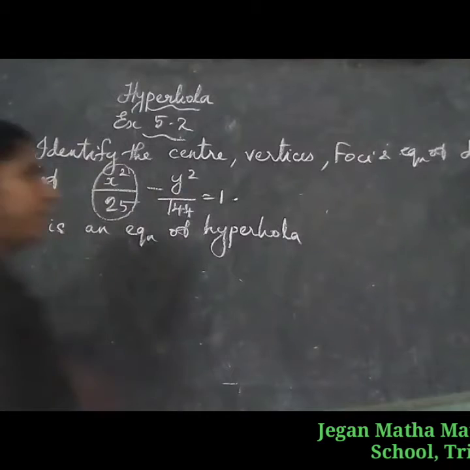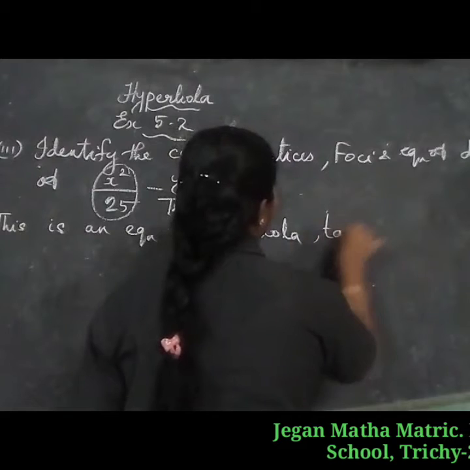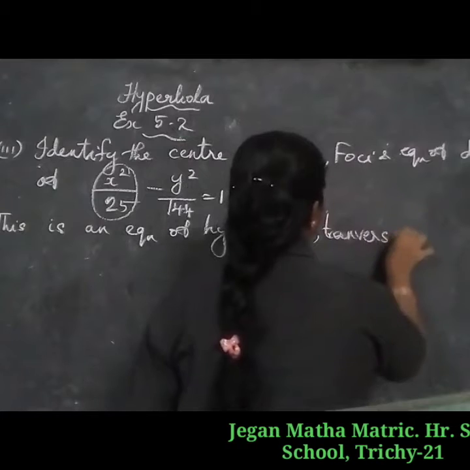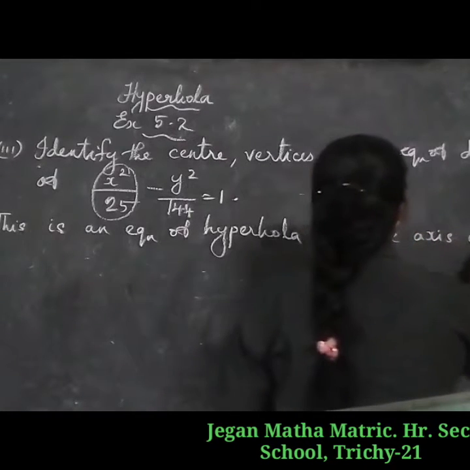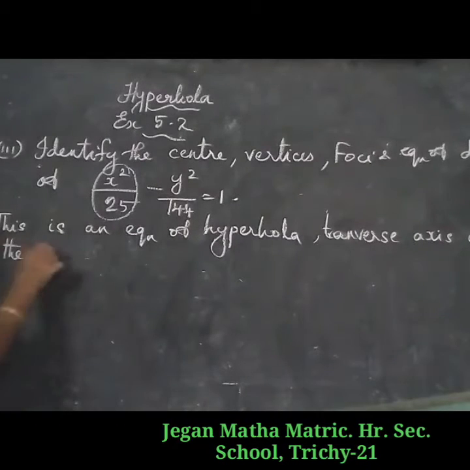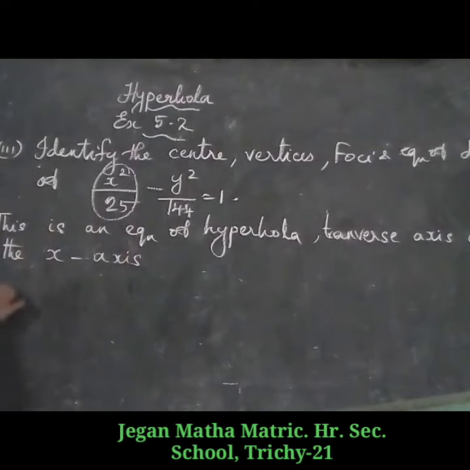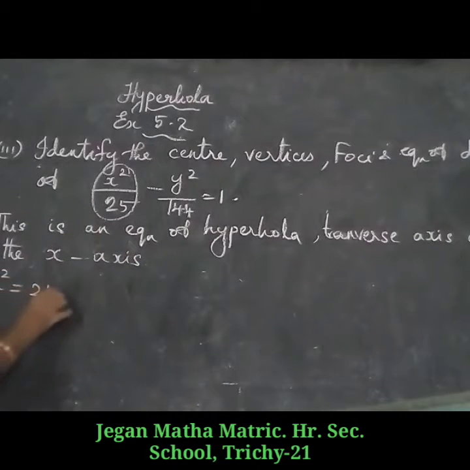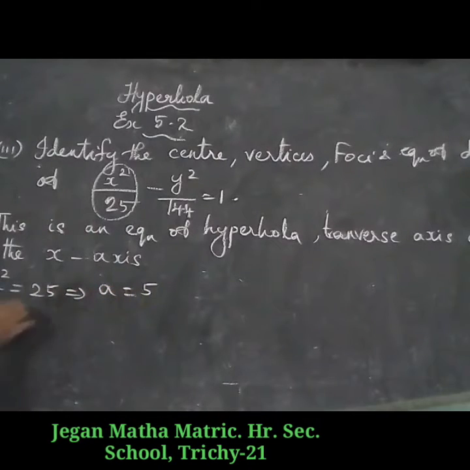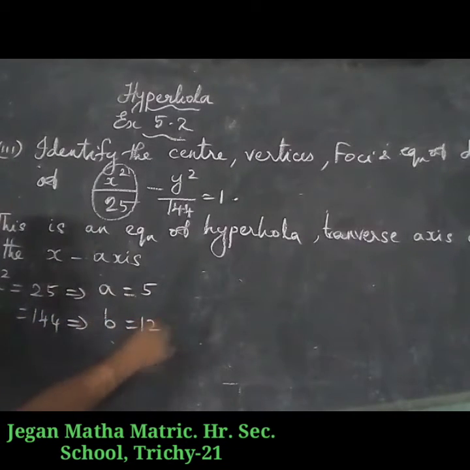So it is the equation of a hyperbola and the transverse axis is along the x-axis. From this we identify a square equal to 25, therefore a is equal to 5. b square is equal to 144, therefore b is equal to 12.